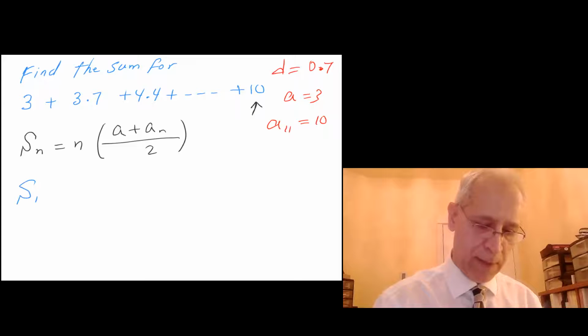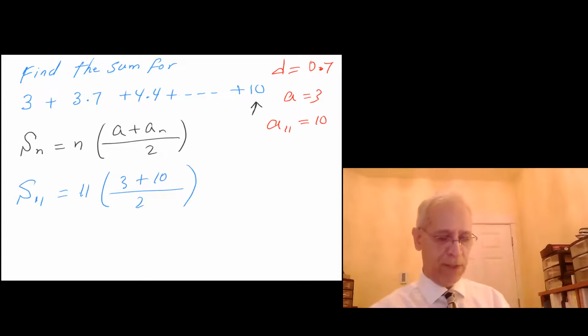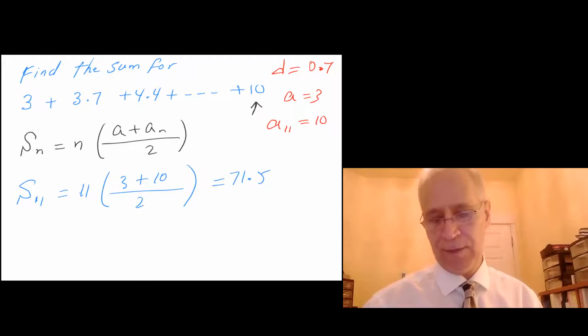S sub 11 equals 11 times (3 plus 10) all over 2. 13 divided by 2 times 11 gives me 71.5. Okay, let's do another example.